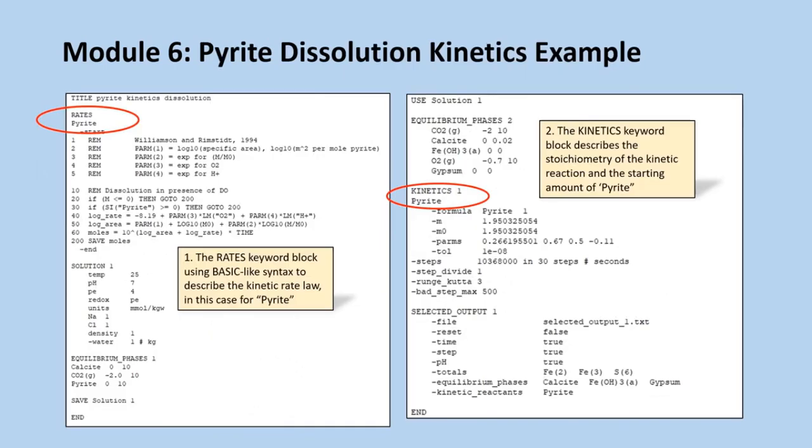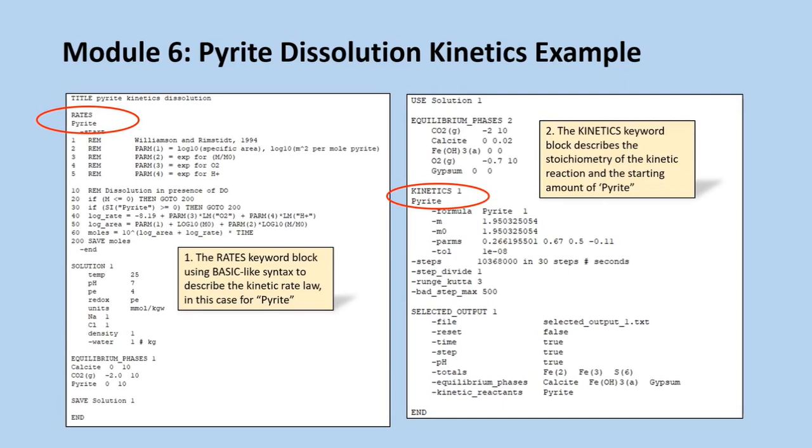So in terms of actually setting up a kinetic simulation, there are two parts. There is a rates keyword block and a kinetics keyword block. The rate law itself is expressed under the rates keyword block. For this problem, I borrowed the pyrite dissolution relationship already supplied with freq-c.dat.